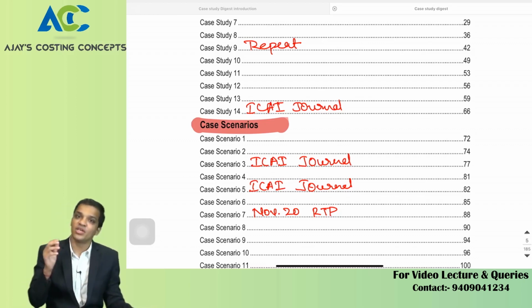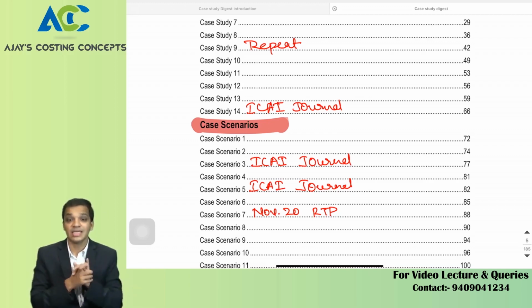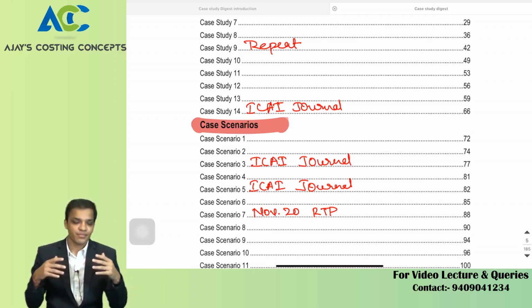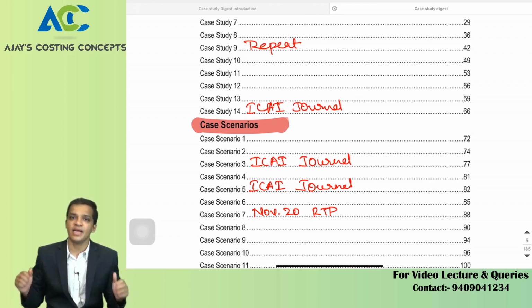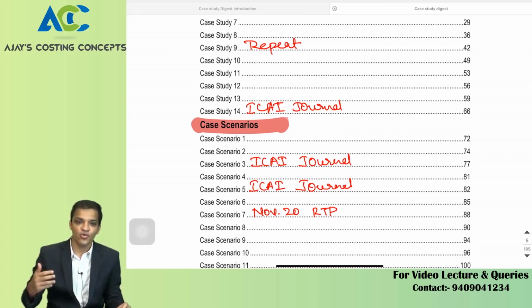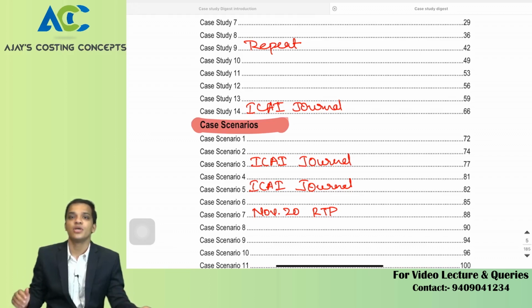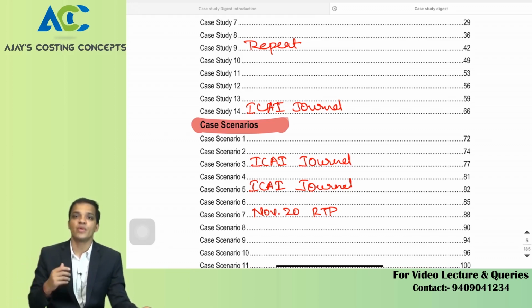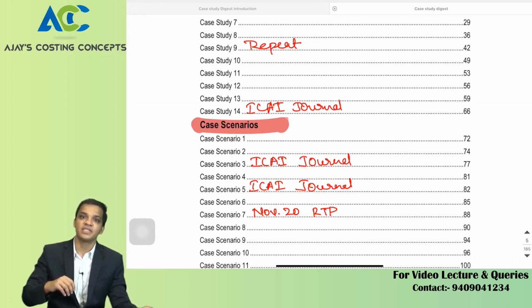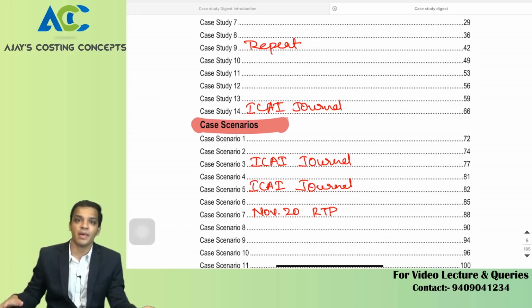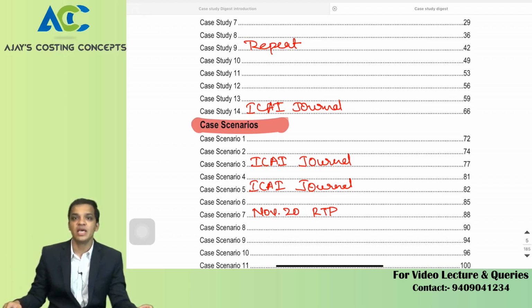So let us start with the question. Let us start with the first question, the first concept, I would say, and as we go further, whenever it is required, I'll make sure I give you in-depth knowledge of those concepts or questions, correct? Let us start our series of case study digest. We shall make sure to finish this at the earliest in the shortest manner possible, with the best output and the best knowledge.